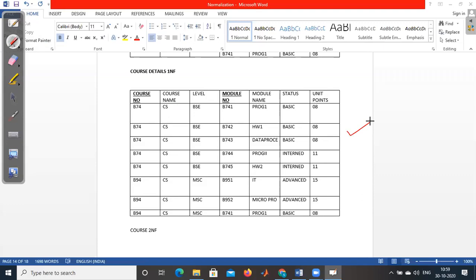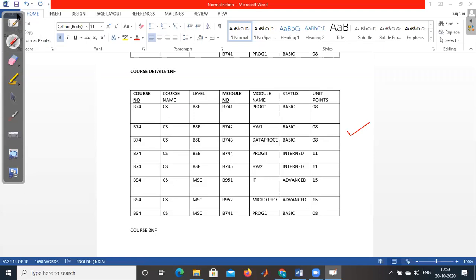All domain values must be atomic. There is nothing special to do to convert any given relation to first normal form. The only thing we have to do is make sure each and every cell contains a single attribute value, and like that we convert the relation into first normal form.